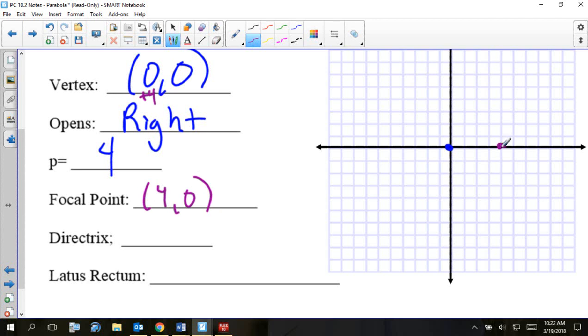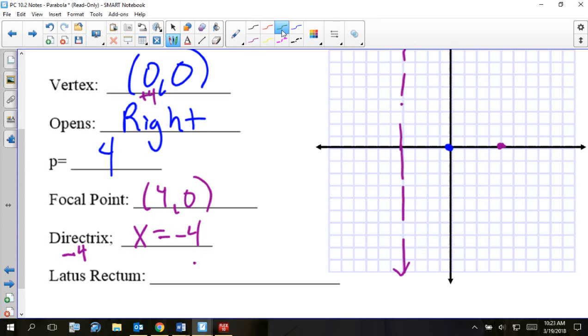Our directrix will be take away 4. That's going to go to the left. So when I write my equation, since I'm going left, that's x. The line at x equals -4.